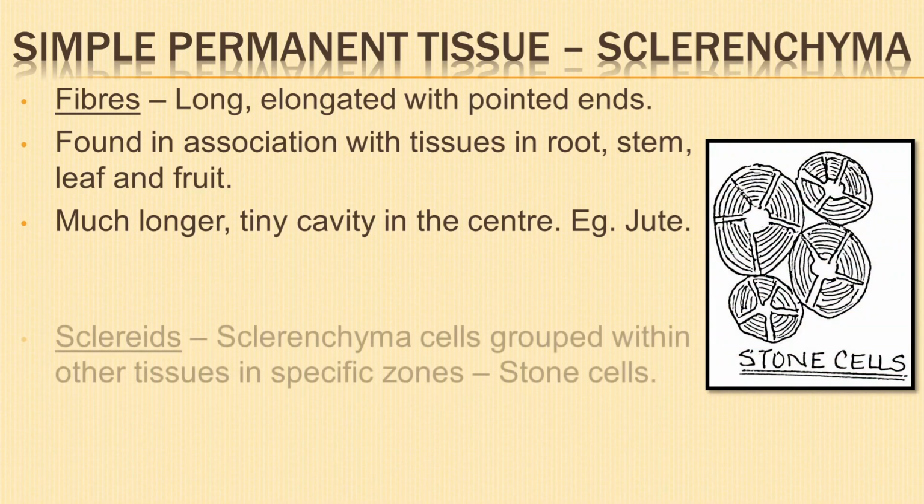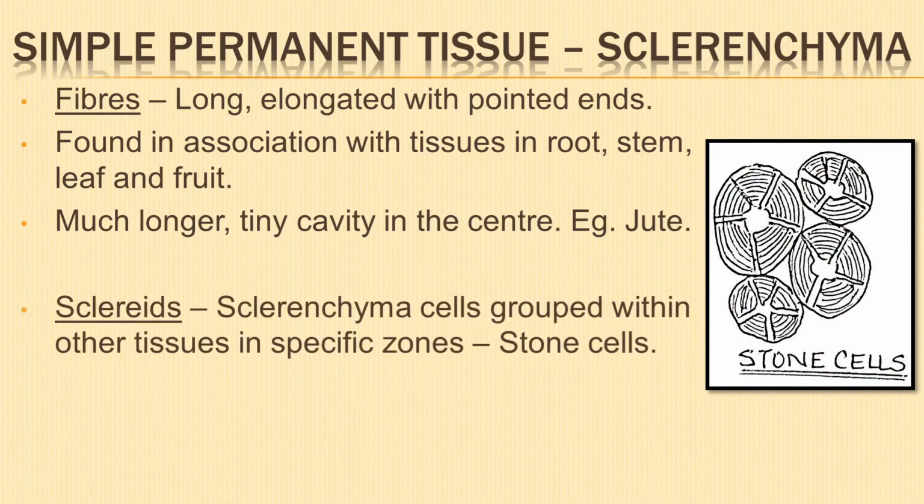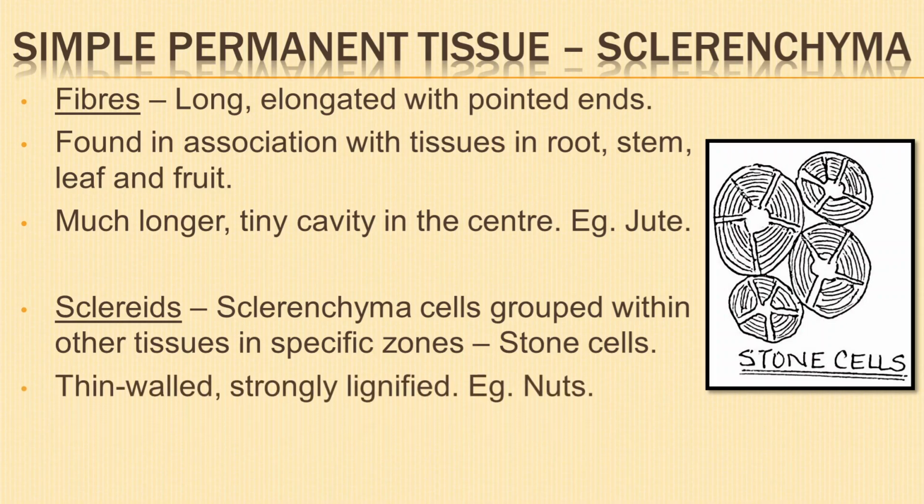Sometimes the sclerenchyma cells are grouped within other tissues in specific zones or regions. These are known as stone or sclerotic cells. They are very thick-walled, strongly lignified, and occur in hard seeds, nuts, and stony fruits.